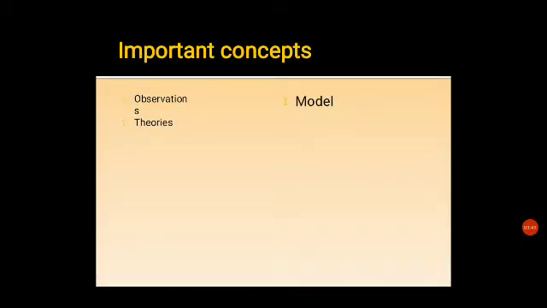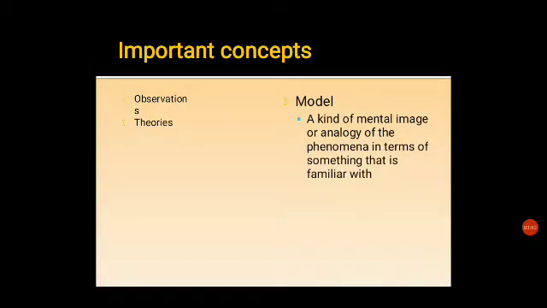So we have this model. Next is model. It is a kind of mental image or analogy of phenomena in terms of something we are familiar with. For example, waves. The common thing related to waves that we can easily associate with is the water wave.